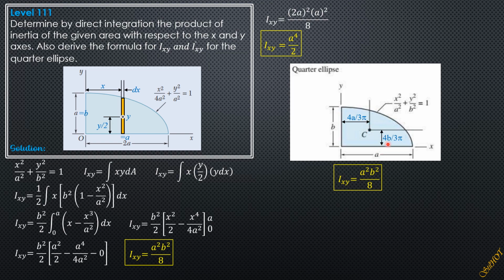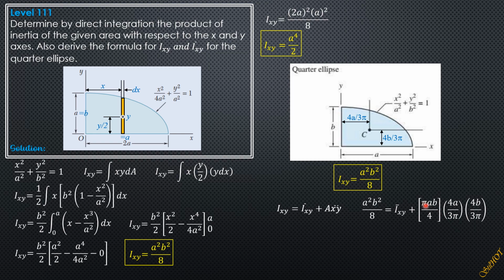So that's barred x, and this is barred y. By the transfer formula, Ixy equals I barred xy plus area barred x barred y. Area of this ellipse is pi ab over 4. So a square b square over 8 equals I bar xy plus pi ab over 4 times quantity 4a over 3 pi times quantity 4b over 3 pi.